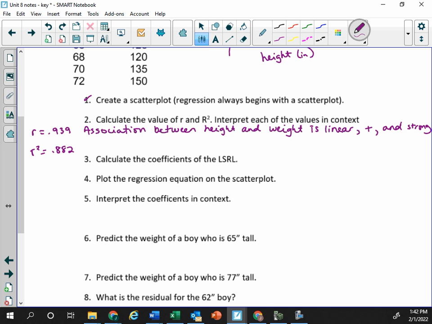So what we say the R squared value is telling us is that about 88% of the change in weight can be explained by the change in height.